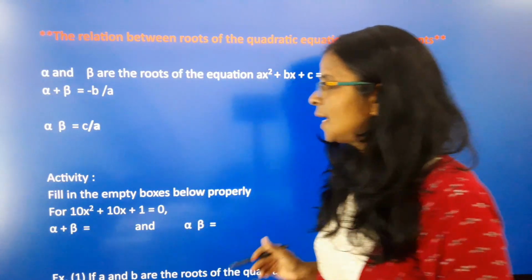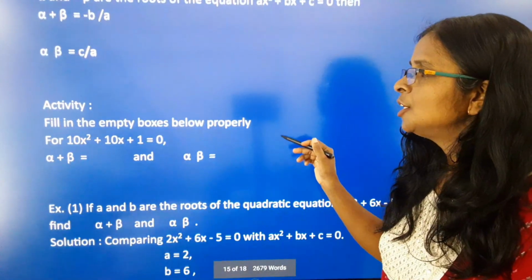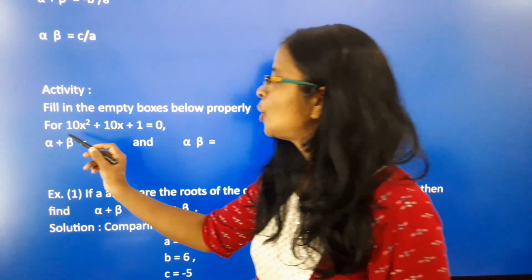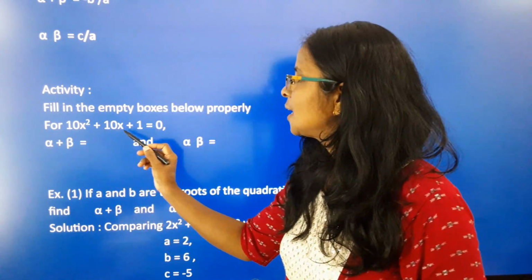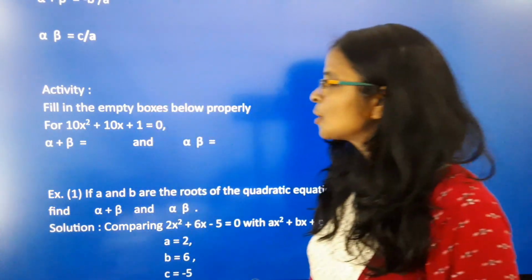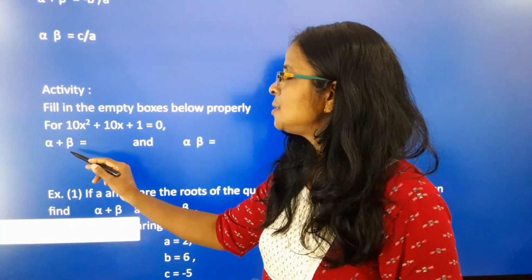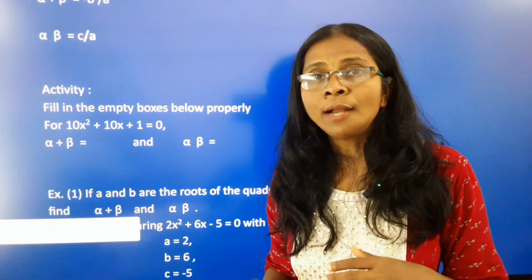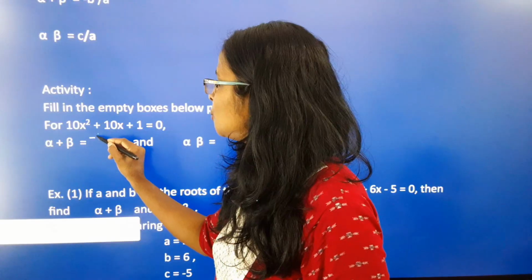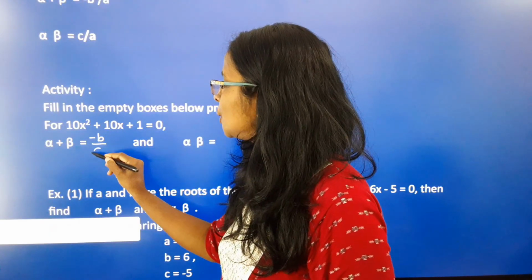Okay. So now there is an activity: fill in the empty boxes below properly, that is for 10x square plus 10x plus 1 is equal to 0. So now here, students, we have to calculate alpha plus beta. That means the formula is minus b upon a.